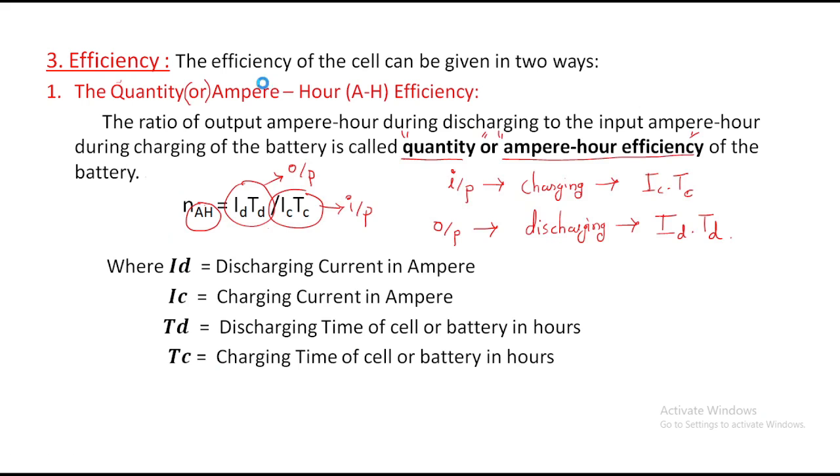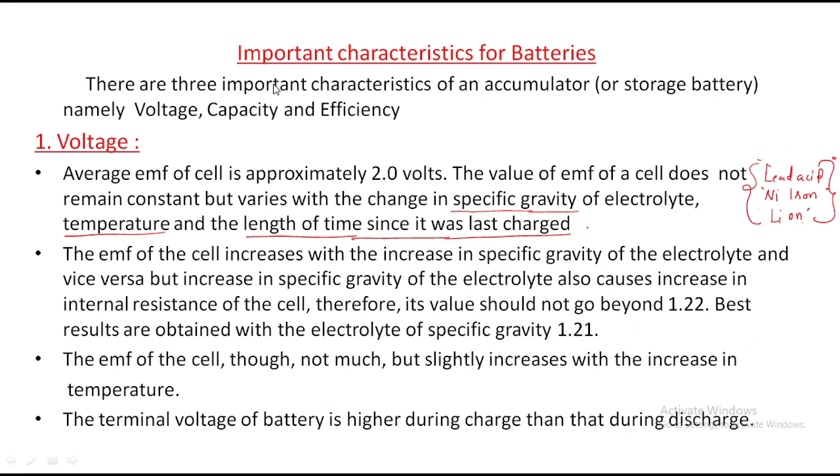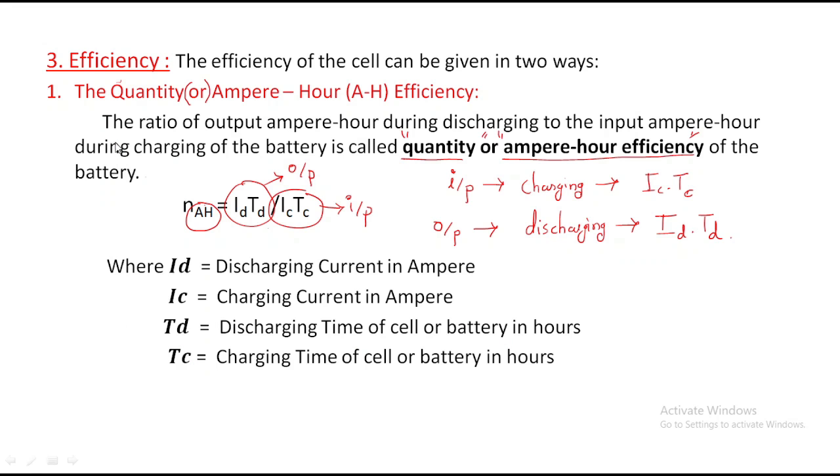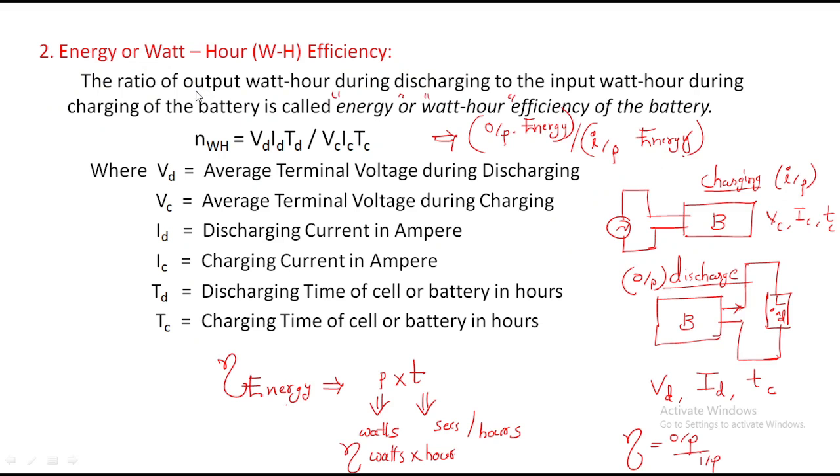These are the important characteristics of batteries. When we are buying a battery, we have to look at all these things. First is voltage, second is capacity, third is efficiency, and efficiency is of two types: ampere hour efficiency and watt hour efficiency. I think all of you understand this concept. Thank you.